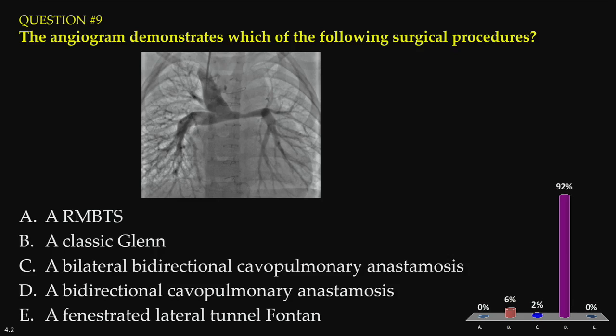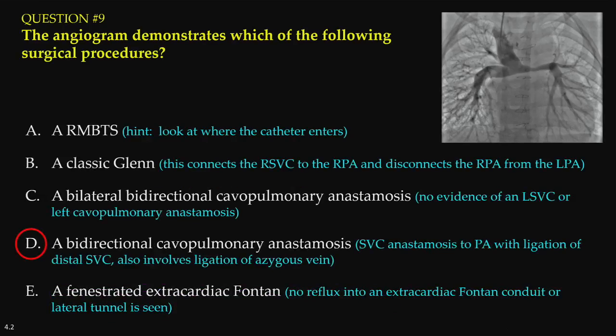Oh, excellent. Yeah. So it's a bidirectional cavopulmonary anastomosis. For a right modified BT shunt, I guess you could say, oh, the catheter is coming in through the carotid artery, but that would be so unusual, and they wouldn't show you something like that. So this is not a shunt, just based on the catheter course.